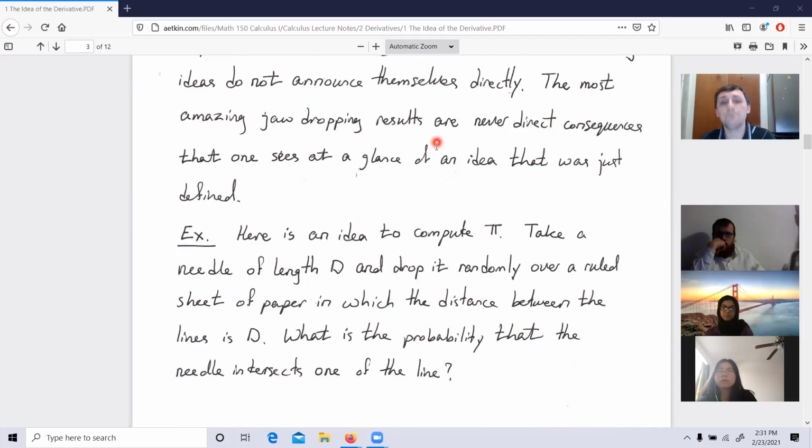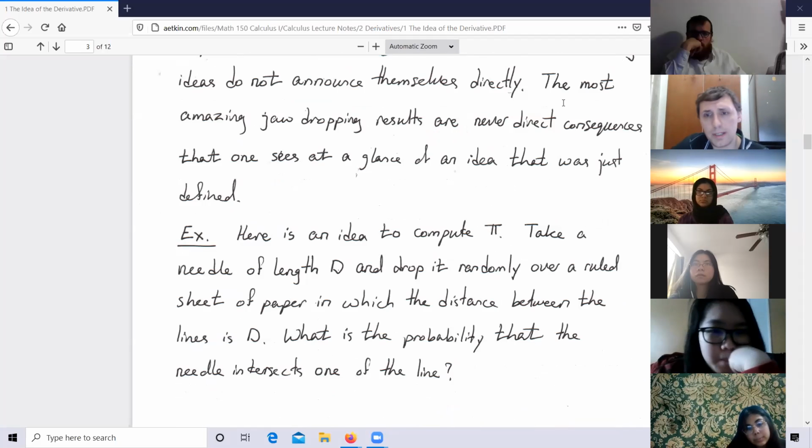Okay, now, guys, when you are thinking about what an idea is useful for, you have to not think in the short range. If this is your viewpoint, you are not seeing anything.